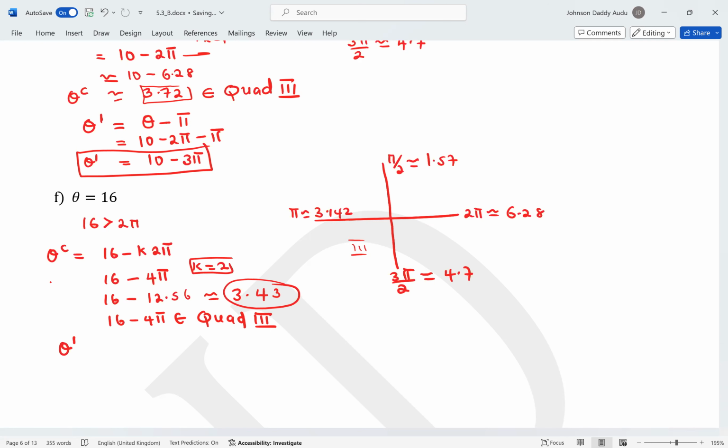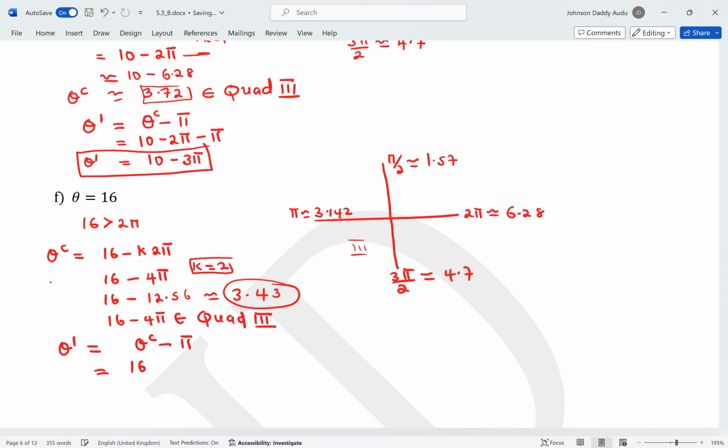So if you want to find the reference angle, it's just going to be the angle itself, remember, which is theta. But instead of using theta now, we can just use the coterminal, not the theta itself. So it's going to be the coterminal theta we found, then minus pi.